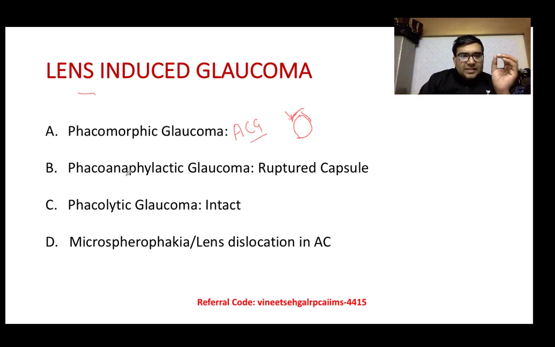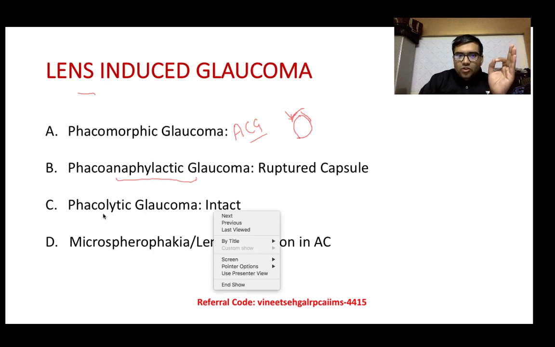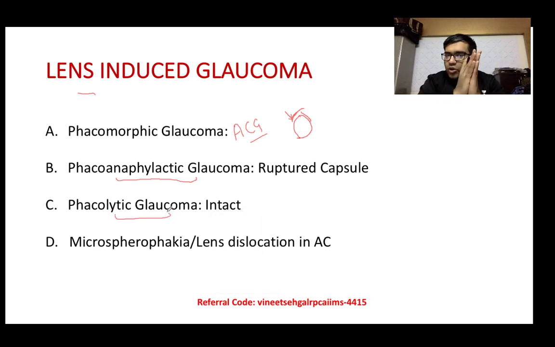The second thing is phacoanaphylactic glaucoma and phacolytic glaucoma. These are two important points. How to differentiate between them? In phacoanaphylactic glaucoma, the lens is a cryptic antigen. It can produce an inflammation, but it is bounded by the capsule.